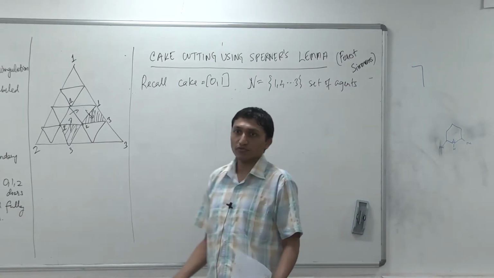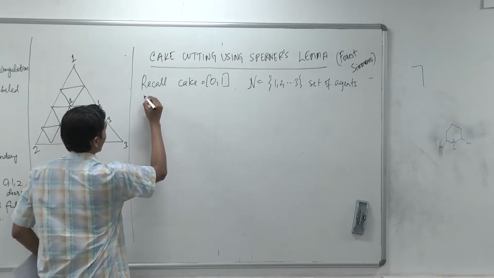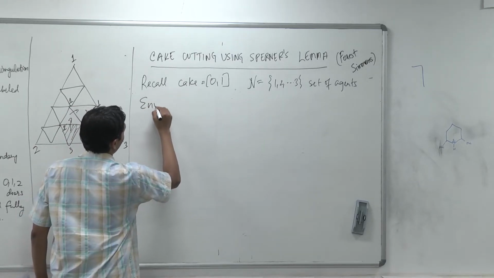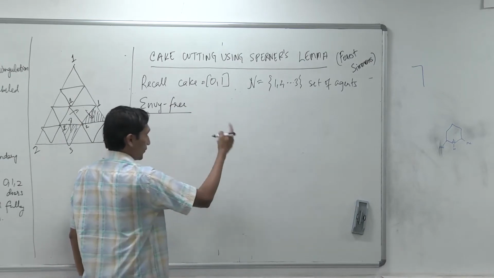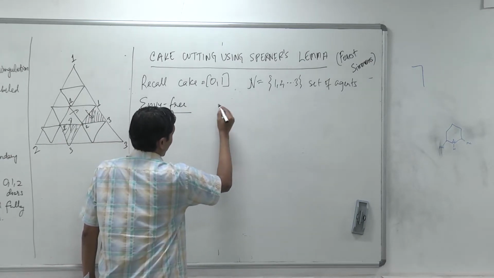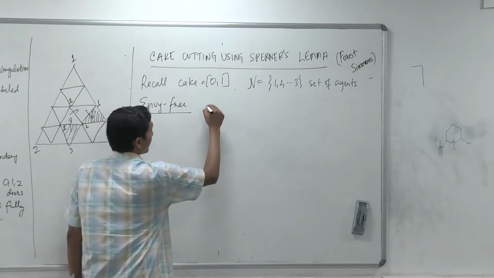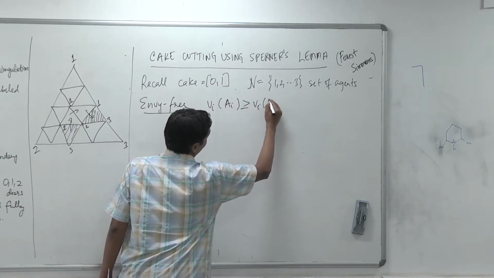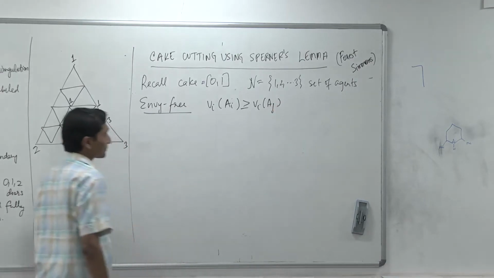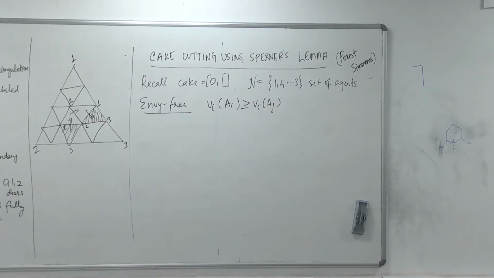And we defined a notion of fairness called envy-freeness, which meant that an allocation A is envy-free if for any pair of players i and j, this condition holds. And like I said, today we are going to be concerned with the connected envy-free problem.